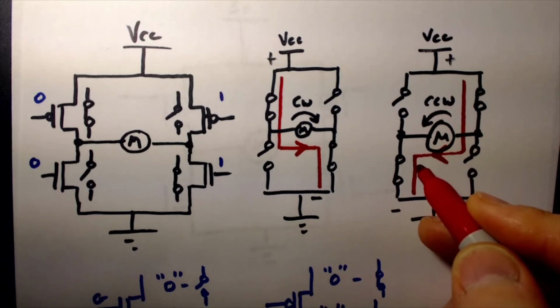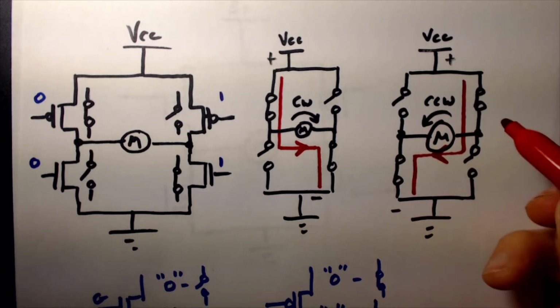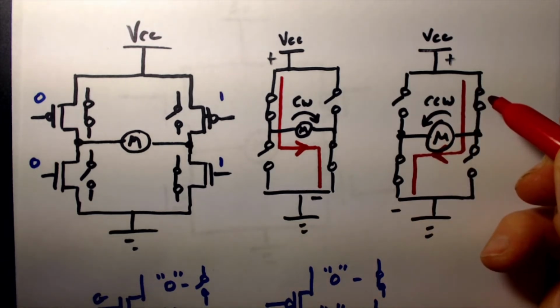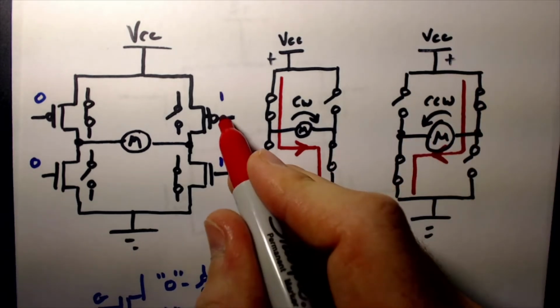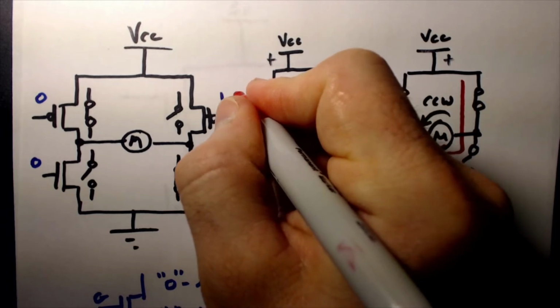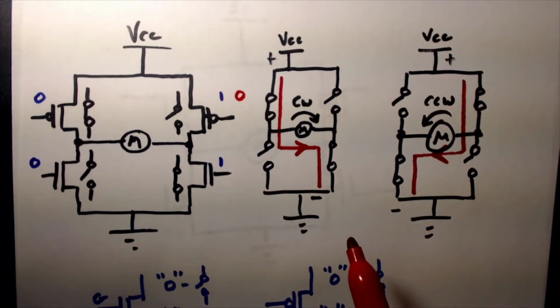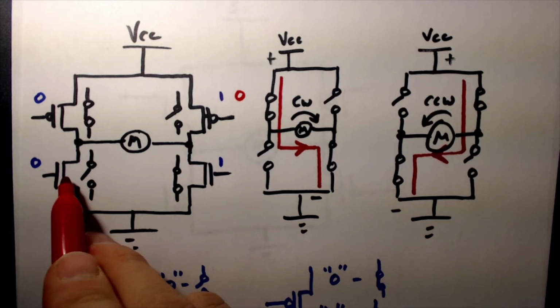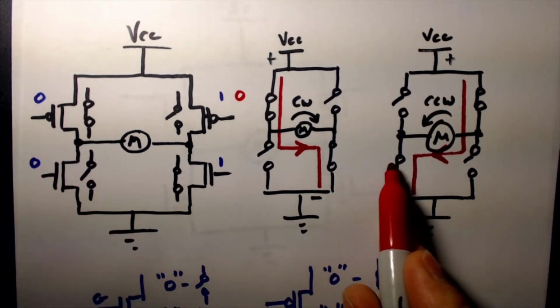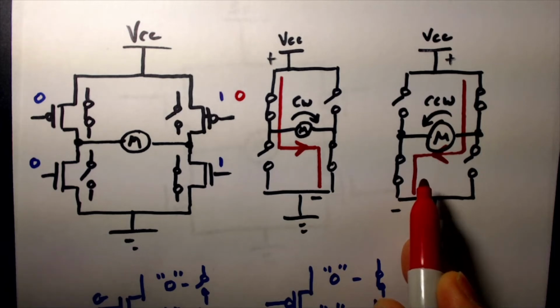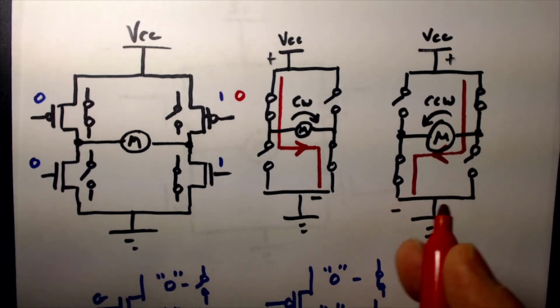When I want my current to go in the other direction, I need this one to be closed. And I make this closed by applying a 0 over here. I need this one to be closed, and I achieve that by writing a 1 to it.